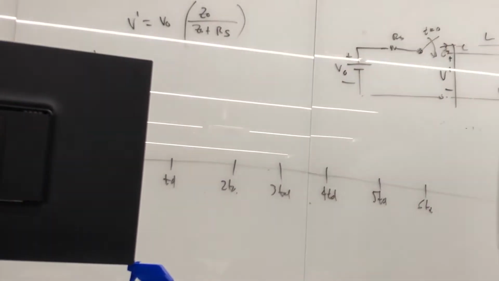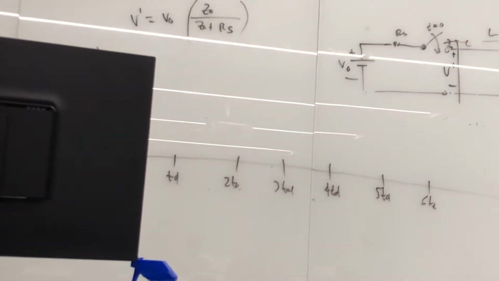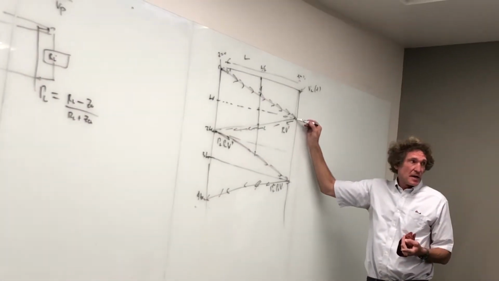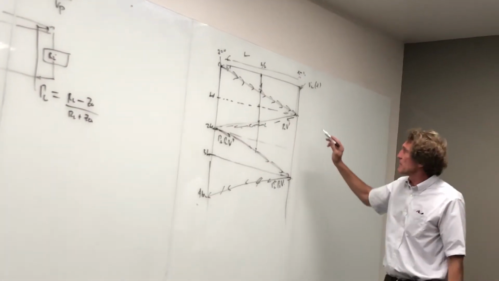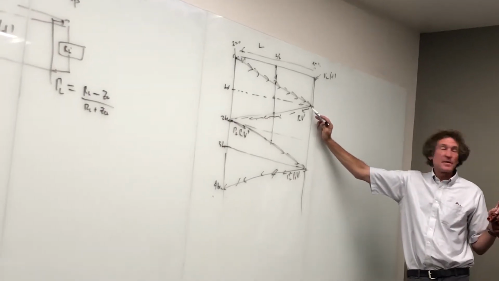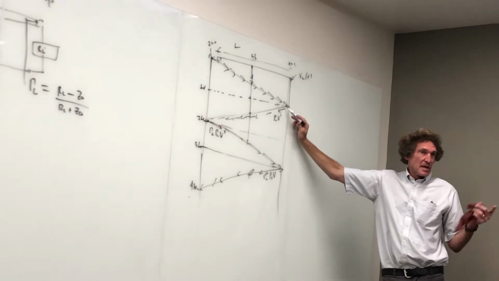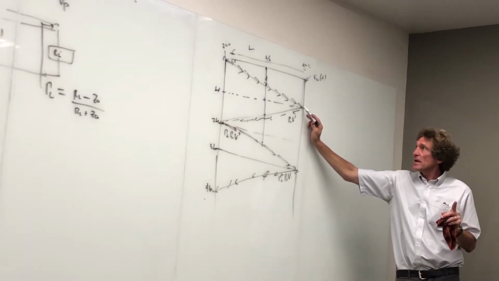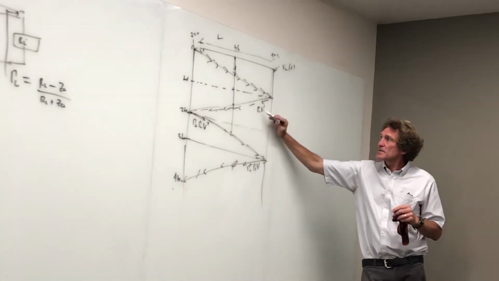All right, now we start here. This is real important to see, right? It's 0 until we get to TD, and then it jumps up, right? But what does it jump to? And here's the important point. It's the superposition of the incoming and the outgoing. You all see that? The incident and the reflected pulse. So right here, it's going to be V prime plus gamma L V prime.